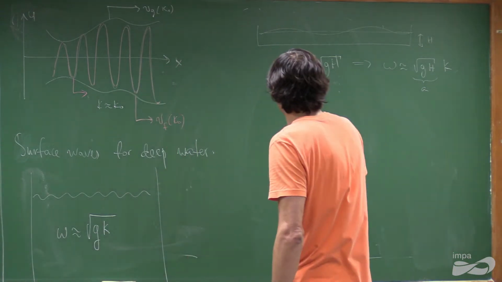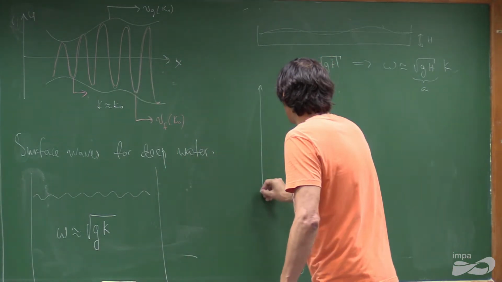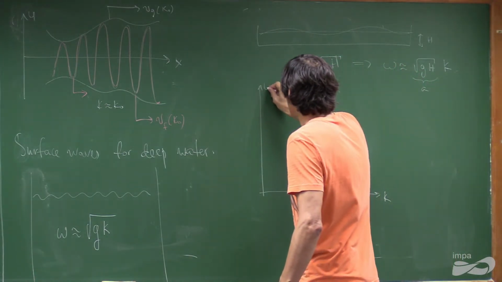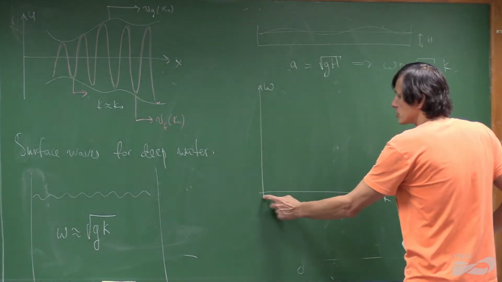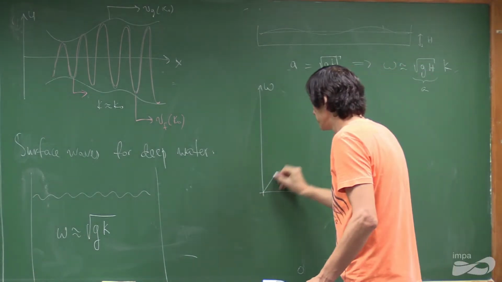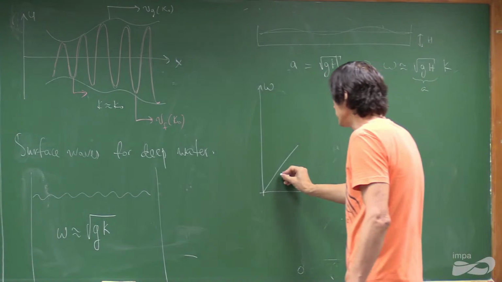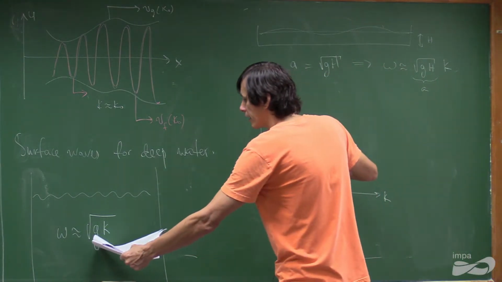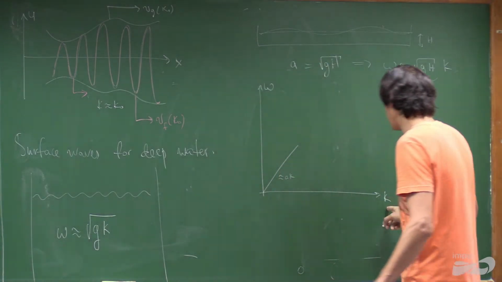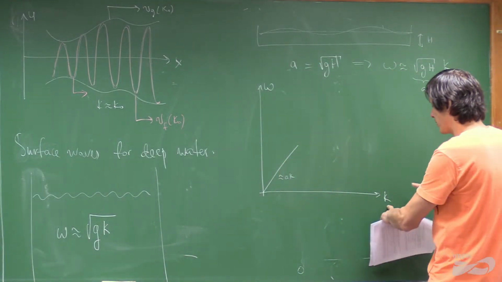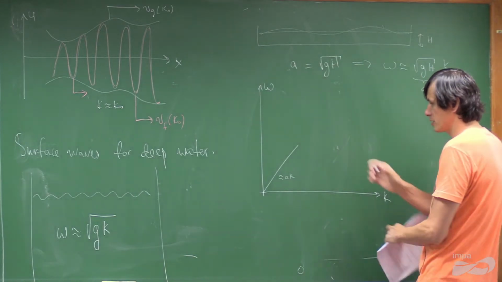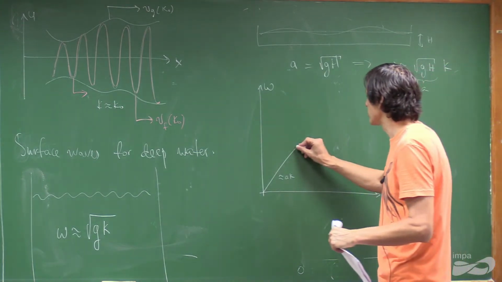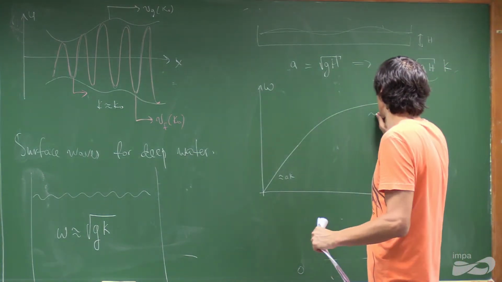So you see that for water, for very large waves, the dependence is linear, and then it becomes, at very short wavelengths, when the very large wave number means short wavelengths, when the wavelength is shorter than the depth, it takes the form of the square root.